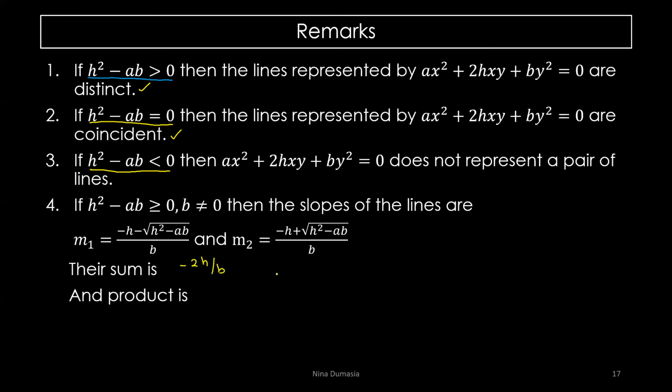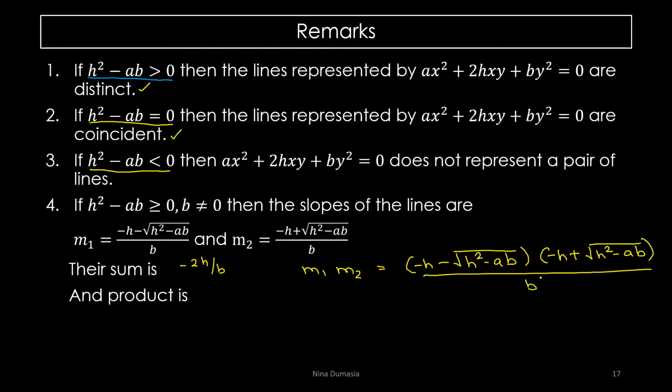Now to find the product we have to multiply these two. So m1 into m2 is going to be equal to minus h minus square root of h square minus ab, correct, into minus h plus square root of h square minus ab. This is of the type a minus b, a plus b, divided by b into b, which is b square. Now ऊपर हमें क्या मिलेगा?